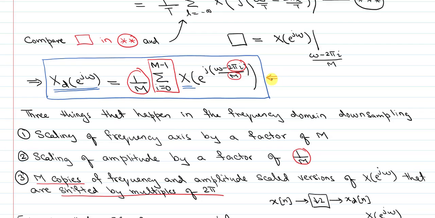This expression does not involve any continuous time signal at all. So if you are given a sequence and you downsample it, knowing the Fourier transform of that sequence, you can go to the Fourier transform of your downsampled sequence. You may or may not have aliasing depending upon whether your original sequence was band limited to pi over M.